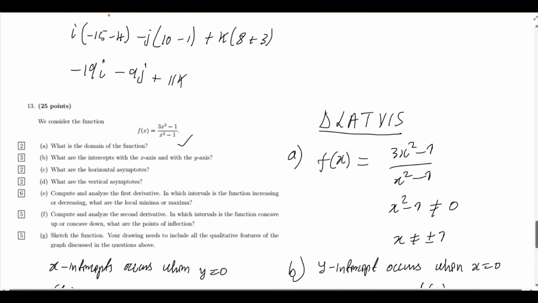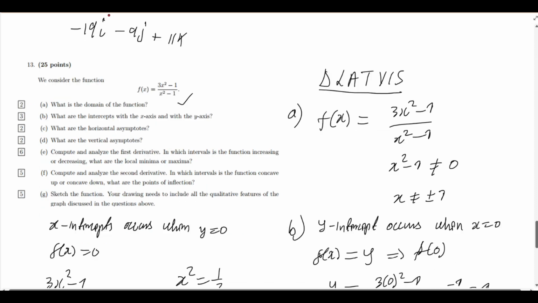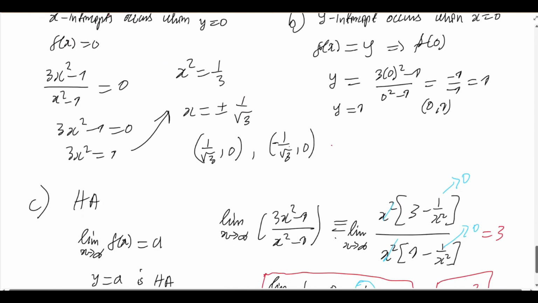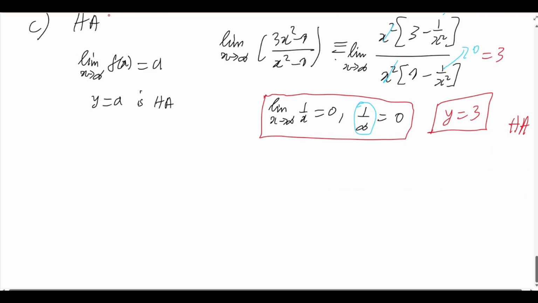So the next one is, what is the vertical asymptote? To get the vertical asymptote, we already saw from the domain. So for the vertical asymptote, that's d, x squared minus 1 should be equal to 0. It occurs when the denominator approaches 0, that is when the function itself tends to infinity.